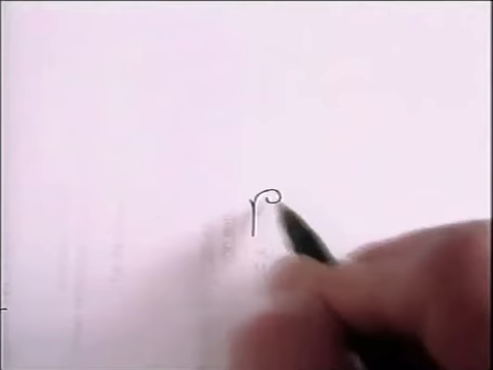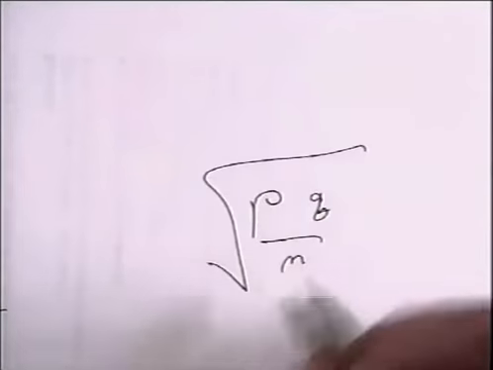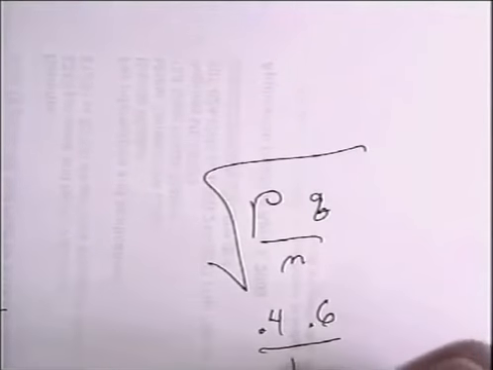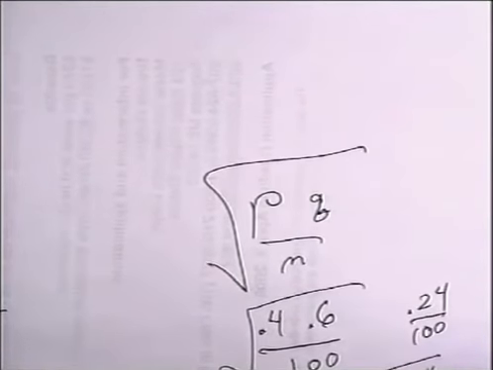Standard deviation is going to be what? I have to take p, q, divided by n, and take the square root. So that's 0.4 times 0.6 divided by 100. Then take the square root. 0.24 divided by 100 is 0.0024. Square root of that is about 0.049.